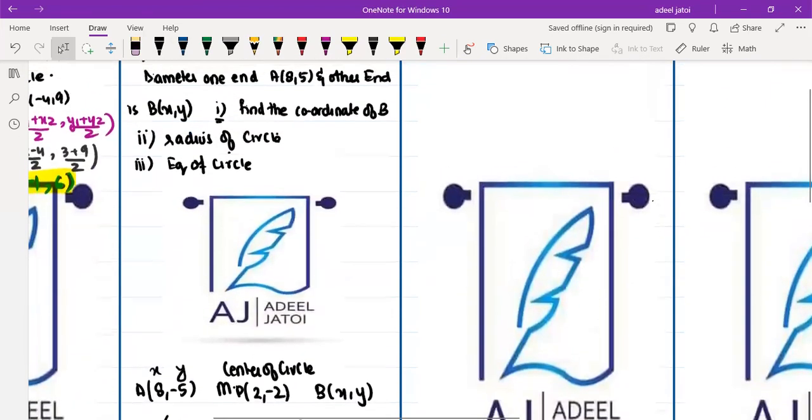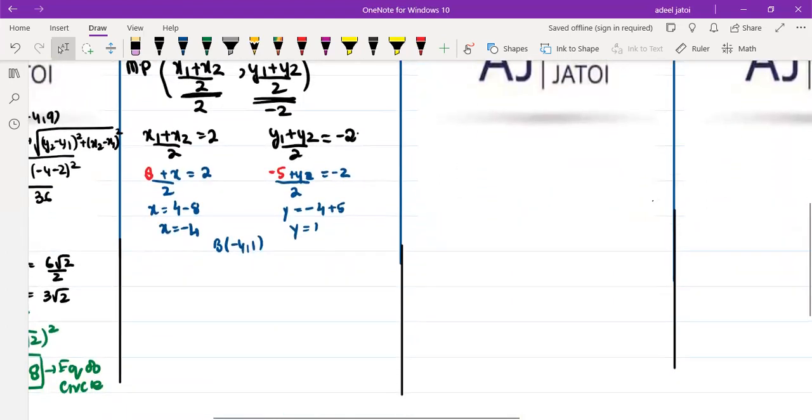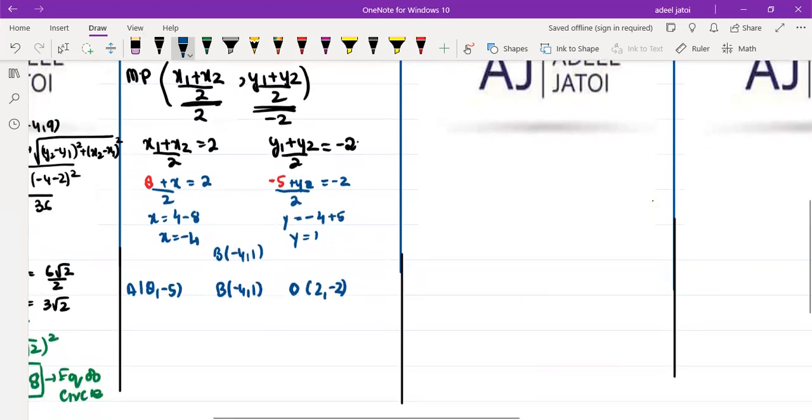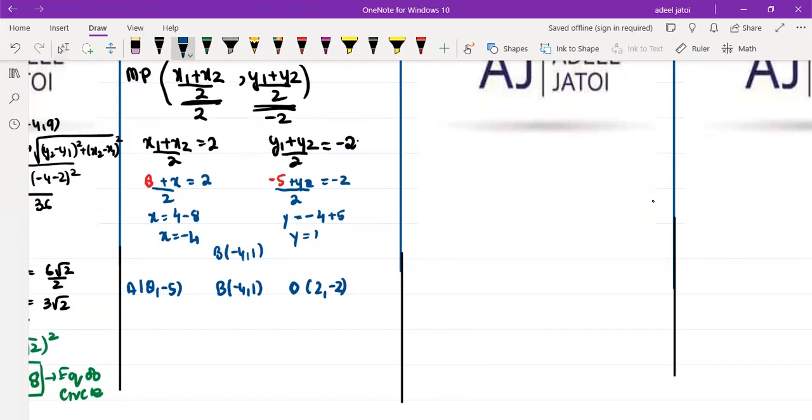Now the other part, the question clearly says radius of the circle. So you already know that A is 8 comma minus 5, B is minus 4 comma 1, and the center O is 2 comma minus 2. Let's take the distance OB. We have 2 minus minus 4, whole square, plus minus 2 minus 1 whole square.